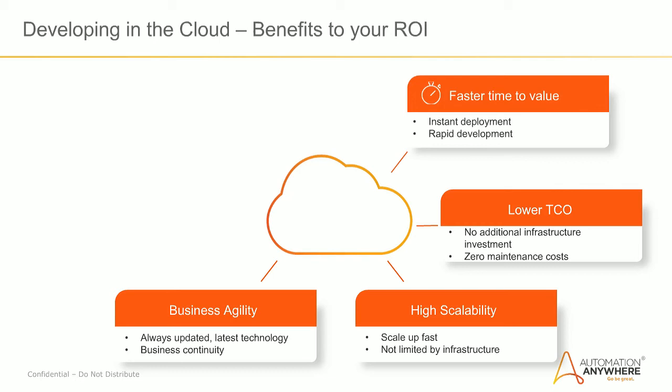And critically, the way that it's built means that existing bots in production aren't impacted when you update the Automation Anywhere platform. You've got full granular control on what parts of bots are updated when you update the platform, which is a major benefit because you're not going to be impacted from a business continuity perspective by those updates.